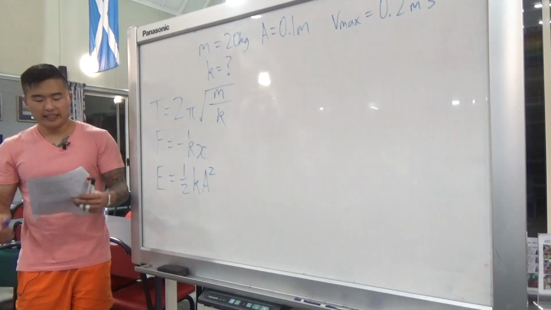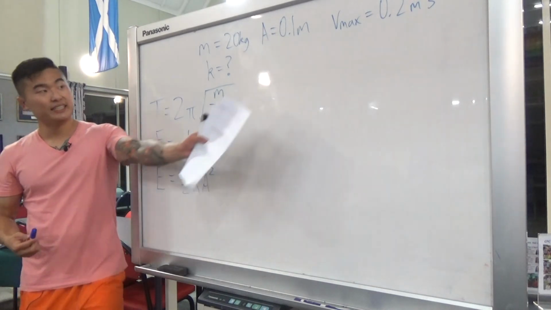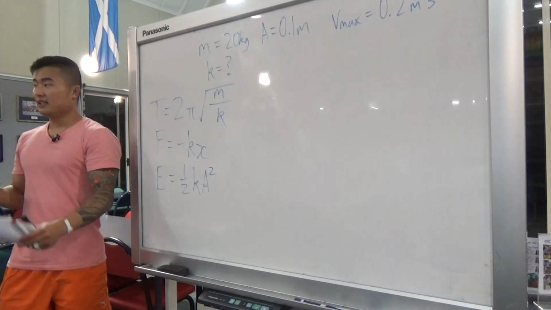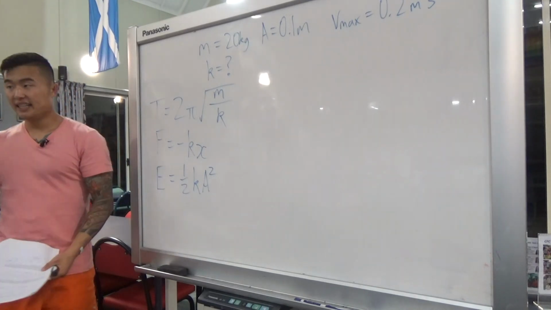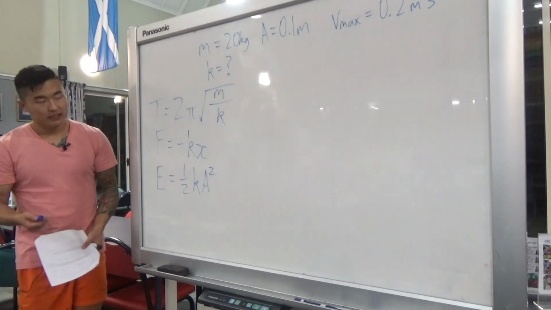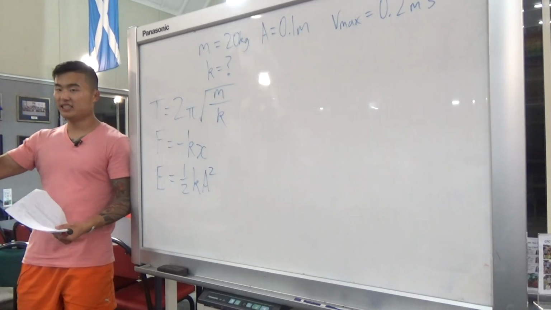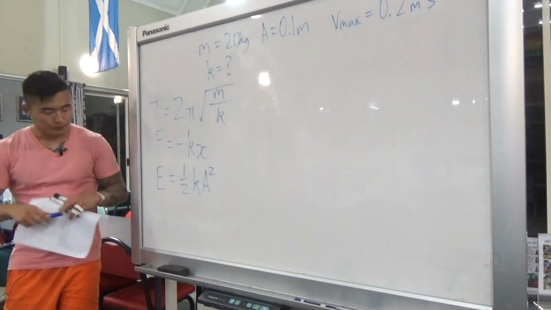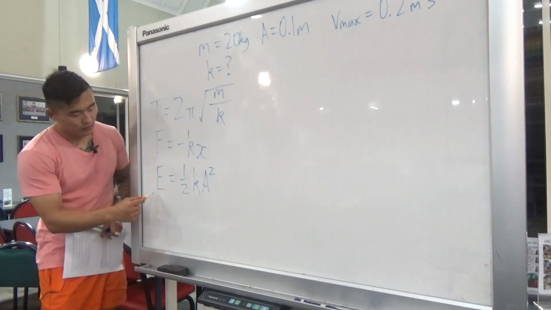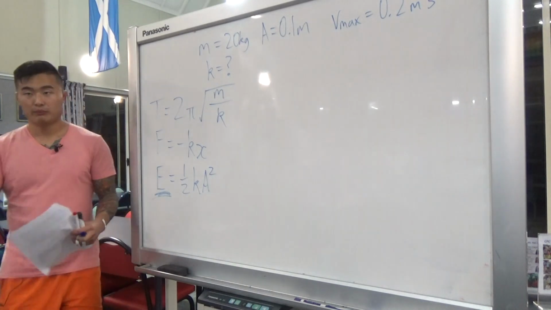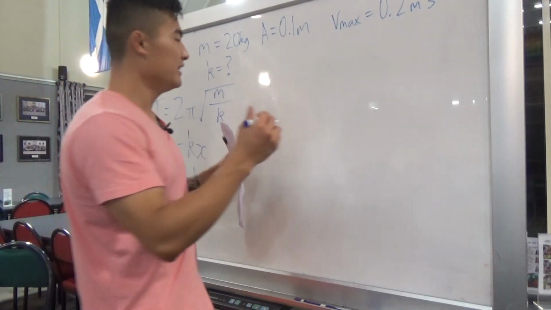But we know that the maximum velocity of the monkey is 0.2 meters per second. So at that time, it's going to have kinetic energy, and remember, that's coming from the potential energy of the spring. So we can figure out the energy by calculating the kinetic energy of the monkey.